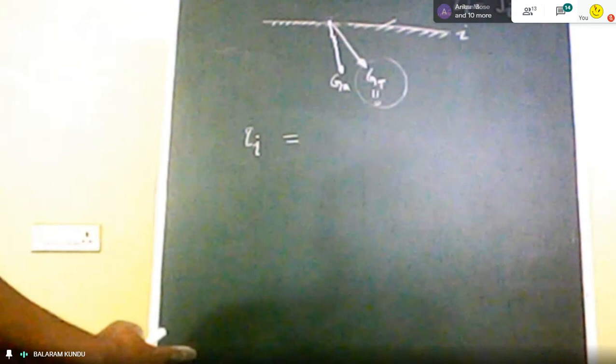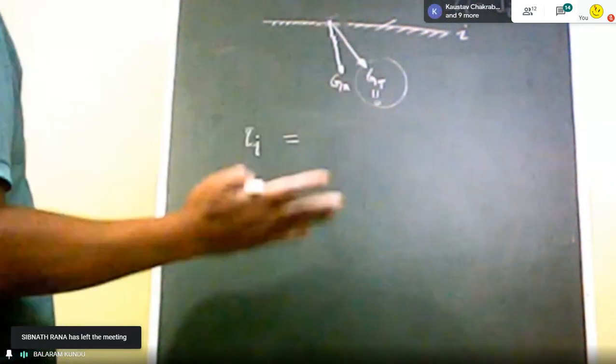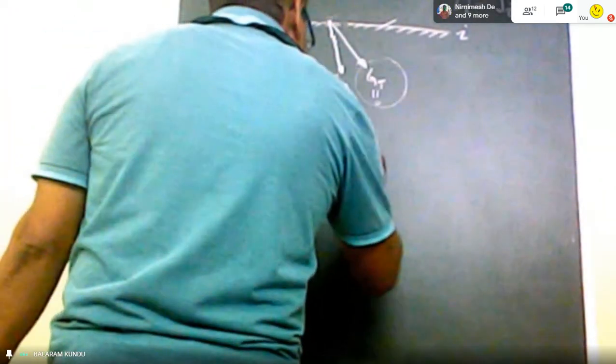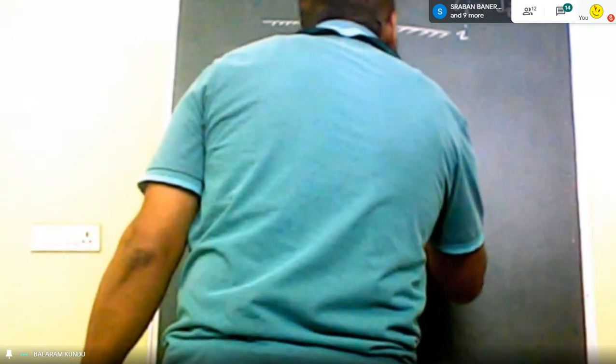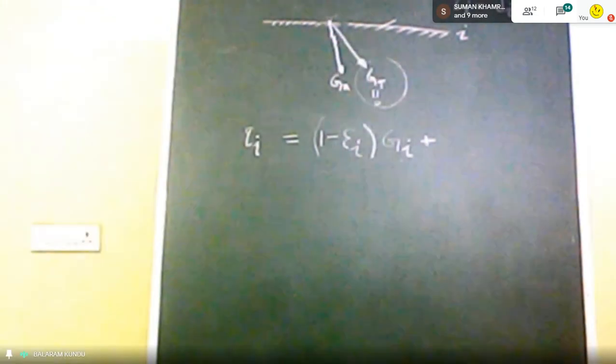I have written the mathematical expression of Ji. One is the reflected part, that is 1 minus epsilon I, the reflectivity, into Gi, plus the emissive power of a real surface, that is epsilon I into EBI.